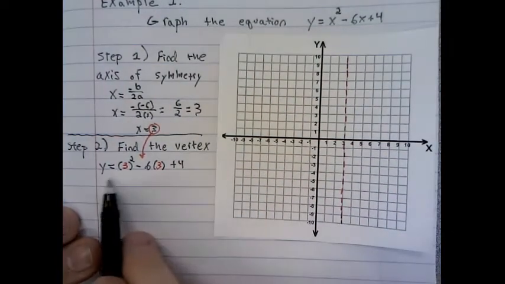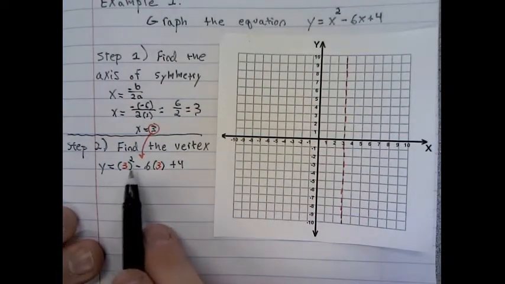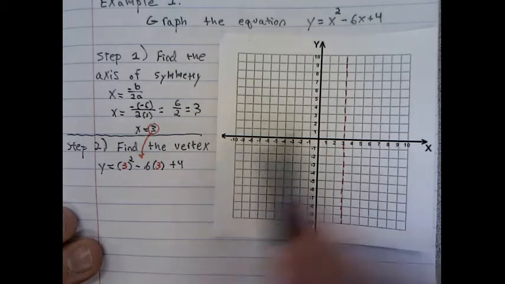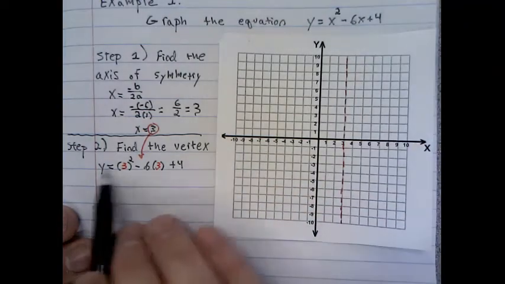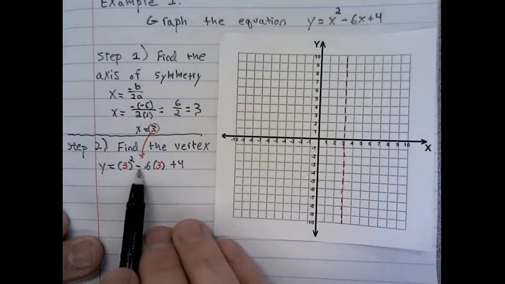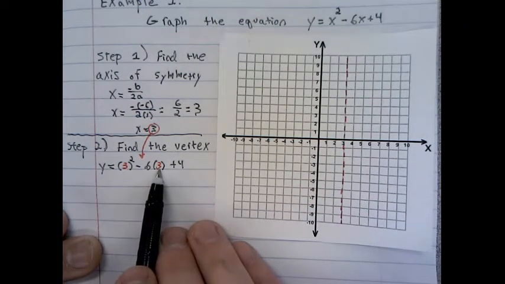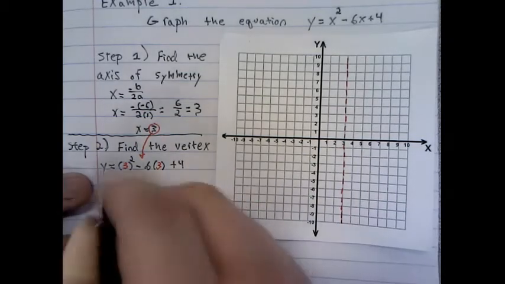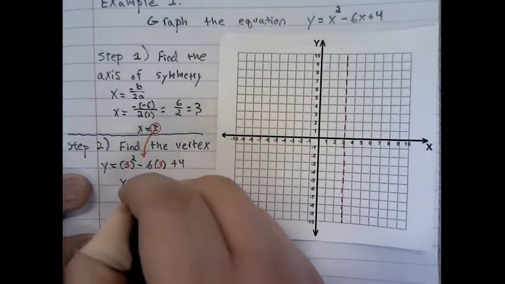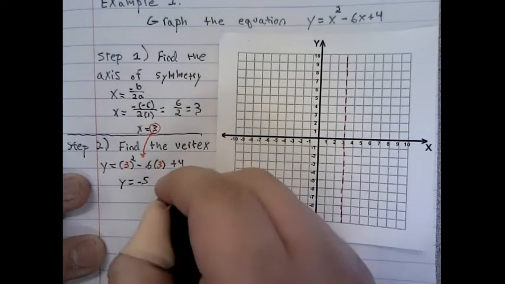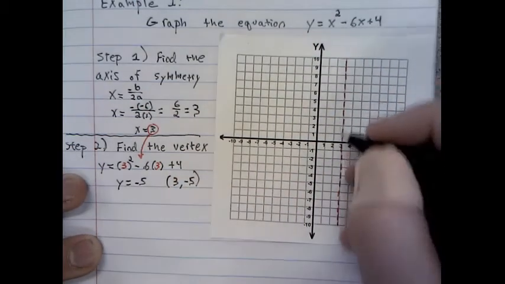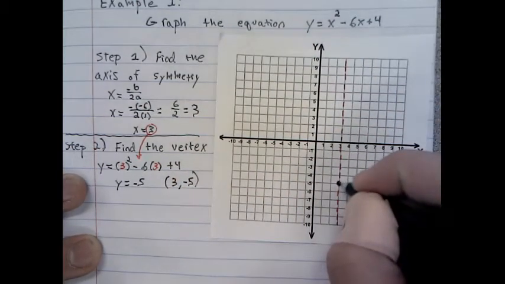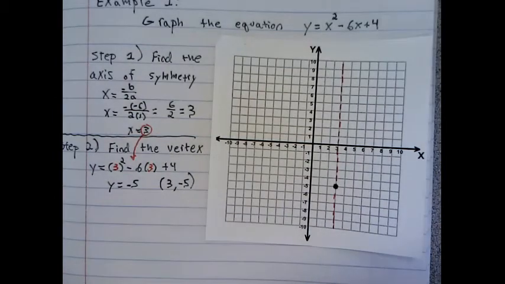I'm getting this equation, y equals x squared minus 6x plus 4, right from here. Then I do that math out: 9 minus 18 is negative 9, plus 4 gives me negative 5. So my vertex is going to be at 3, negative 5. I know that that is the point that's on the line.